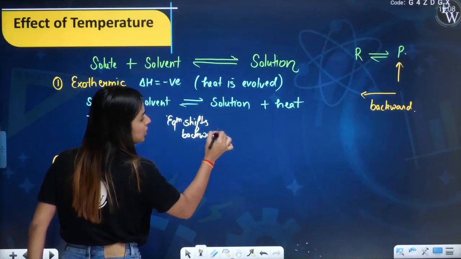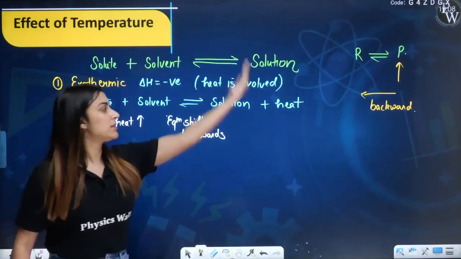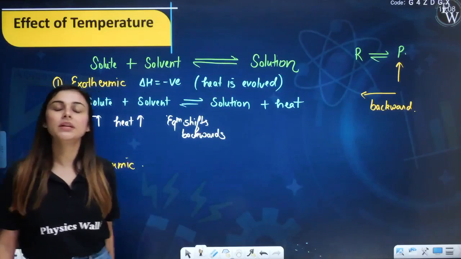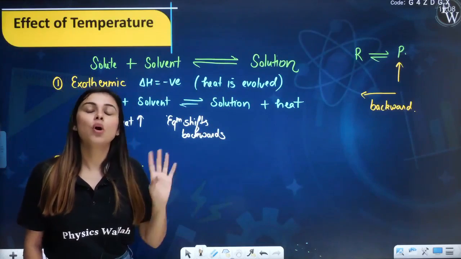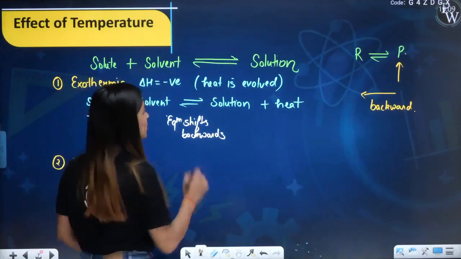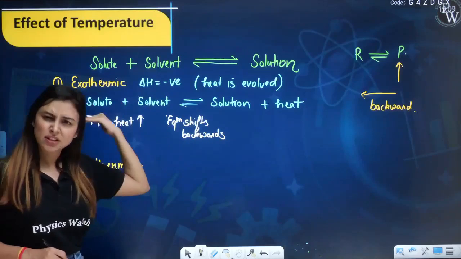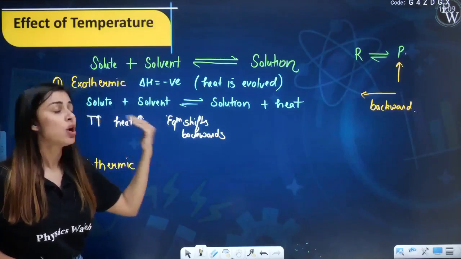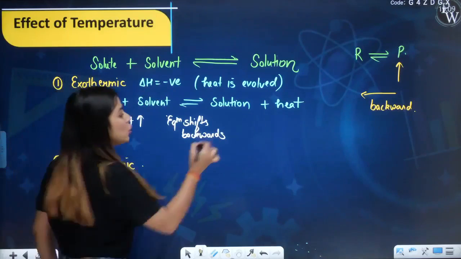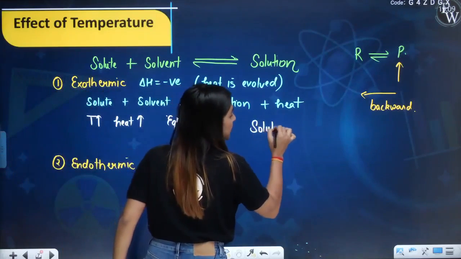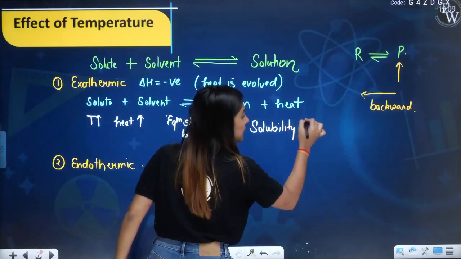I hope this is clear. You are trying to increase this side, the Le-Chatelier principle will take the equilibrium backwards, right? If you take it backward, what will happen, my dear students? If the reaction is this side, is the solubility increasing? No, ma'am. More of the solute and solvent are separating out. This means that solubility is actually decreasing.